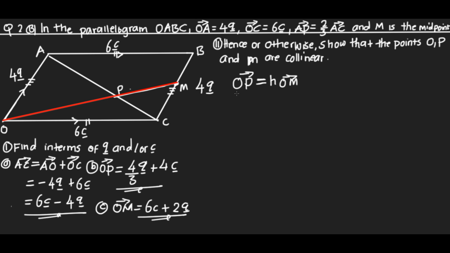So the vector OP is this vector; I'm just going to substitute. OP is equal to 4 over 3 of vector Q, equal to H multiplied by OM, which is 6C plus 2Q.